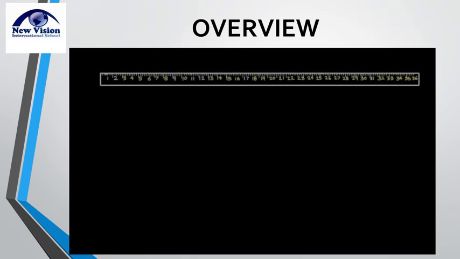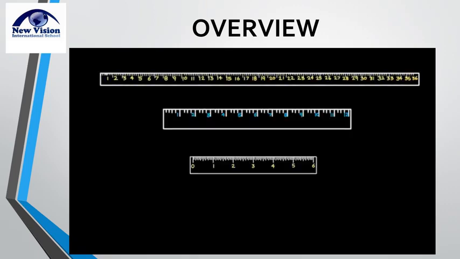Now, watch and learn the overview. Customary units of length include yards, feet, and inches. Sometimes, when you are working through a problem, you may find that you have two different units of length to work with.